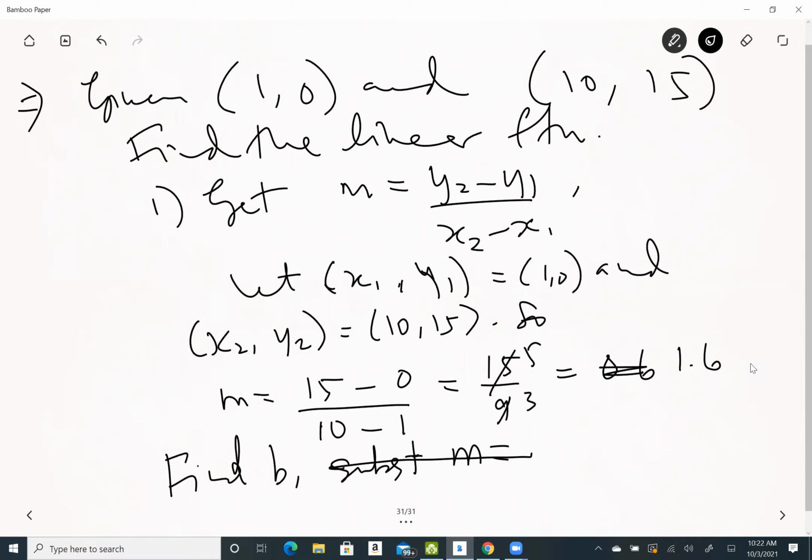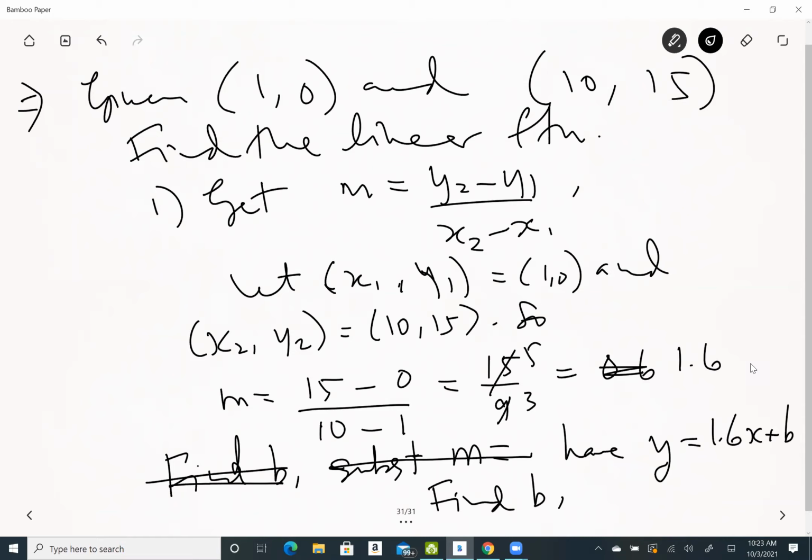We already have Y equals mx plus B. So M is already 1.6. So you got 1.6 x plus B. So we already have this one. So you have Y equal to 1.6 plus B. So next, you have to find B. Okay, now we find B.